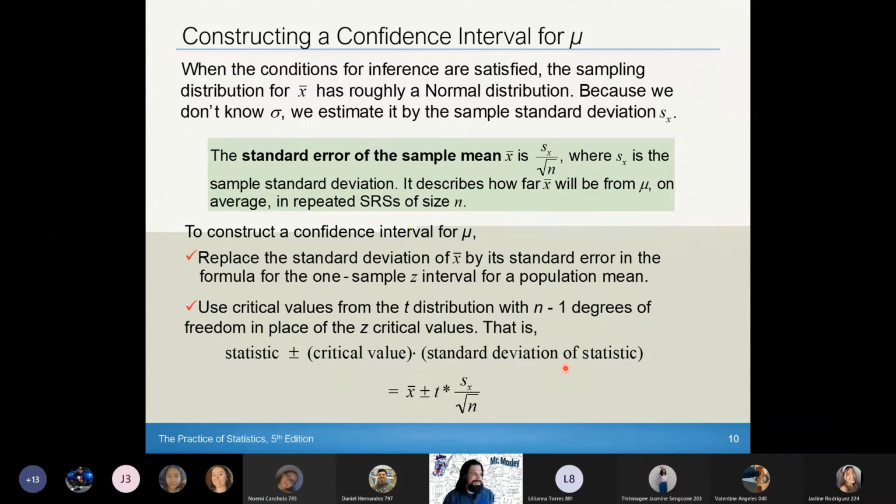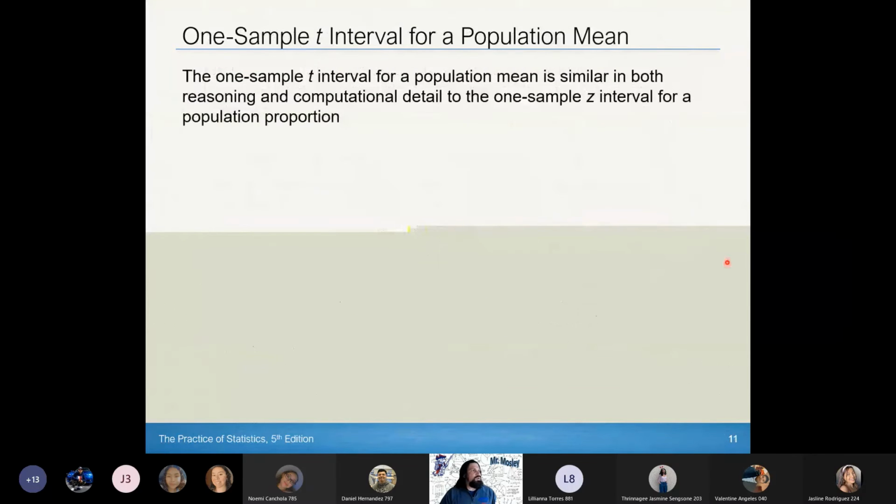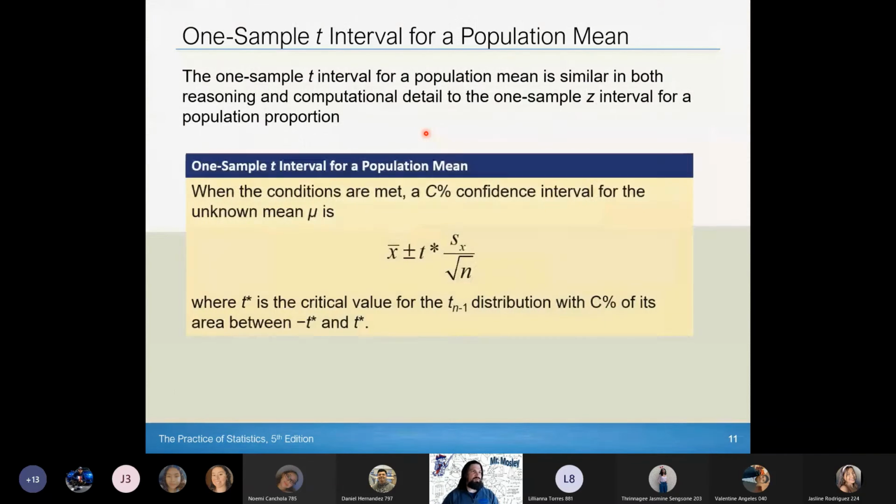This is called the one sample t interval for a population mean. It is similar in both reasoning and computational detail to the one sample z interval for a population proportion, which we use to do inference for population proportions. This is for inference on population means.